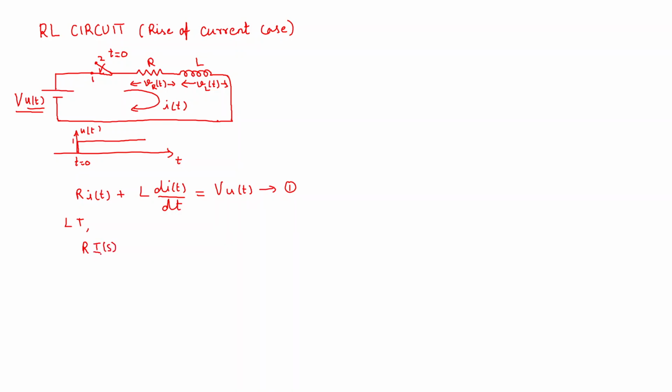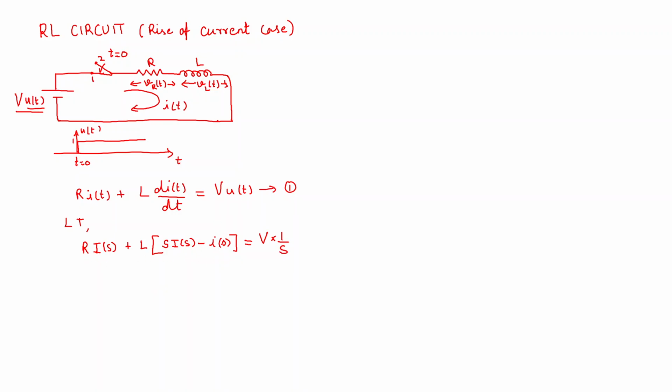R is a constant, so I write R as such, plus L, a constant, times the Laplace transformation of di by dt, which is s into I of s minus small i of 0. This small i of 0 is the initial current through the inductor. This equals V, a constant, times the Laplace transformation of u of t, which is 1 by s.